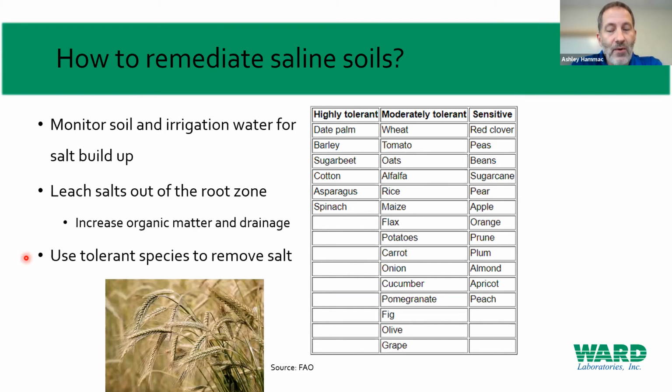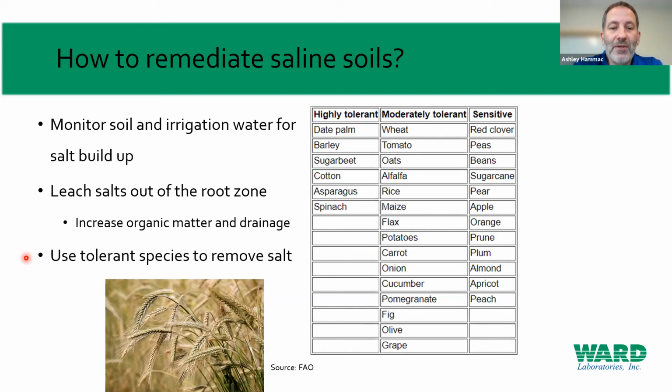Okay. So first thing, look at your irrigation water, know what you're putting on, know what you've got in your soil. The 2 options for remediating saline soils are to leach the salts out of the root zone. You can do that with irrigation water, if your irrigation water is low enough in salts to do that and to grow a crop. You have to have good or decent quality irrigation water.